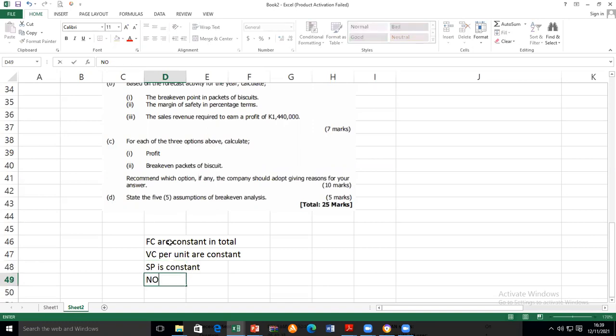No stocks. Production and sales are the same. No uncertainty. So these are the assumptions, and they have come on this paper a number of times. More than once, we have seen questions saying, can you explain the assumptions in break-even?